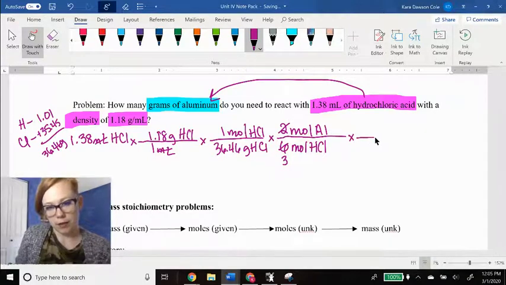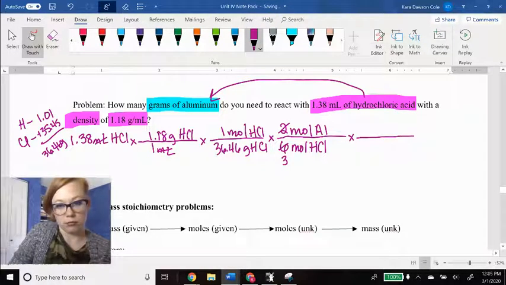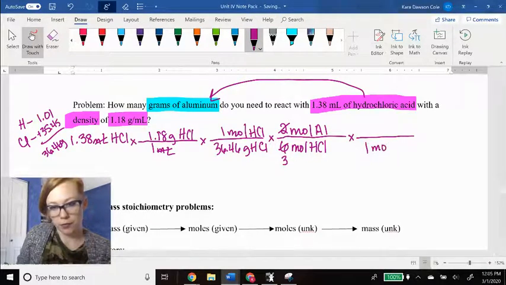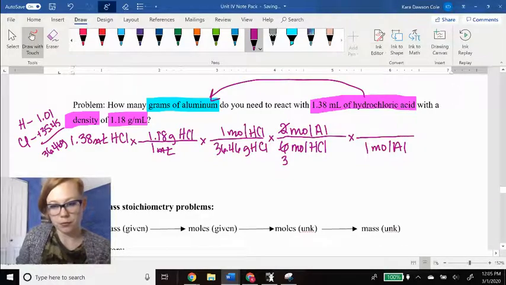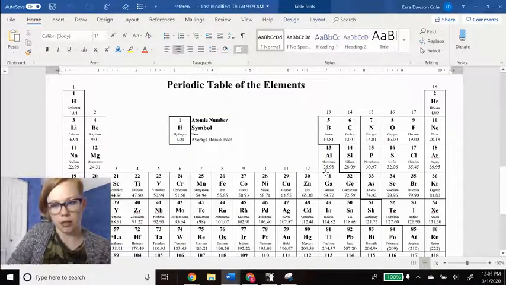Then multiply. Now I need to get from moles of aluminum to mass of aluminum. So 1 mole of aluminum is on the bottom, and the molar mass of aluminum is on the top. I can go back to my periodic table: 26.98 is my grams of aluminum.